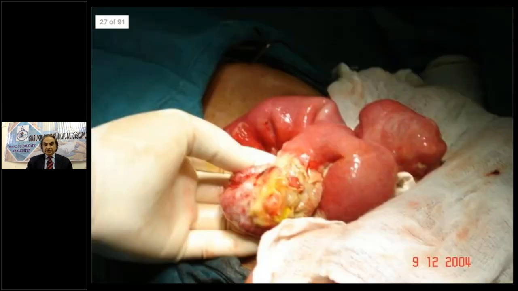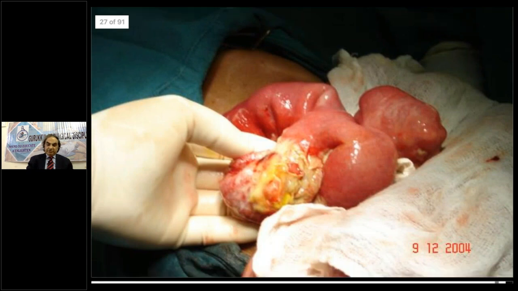Another one, see the picture, this is more clear. So I will just show you with marking. This is the small bowel, as you can see, it's a stalk, and that's the diverticulum. It's undergone almost a necrosis. So I'll use another color, maybe you can see better.